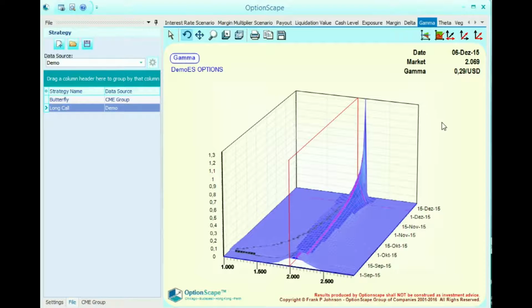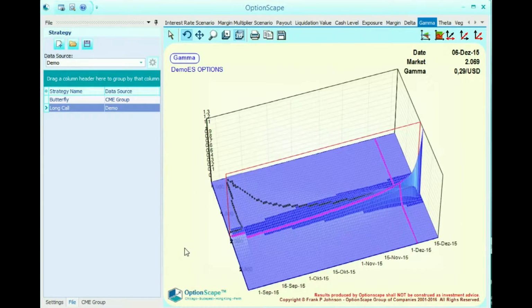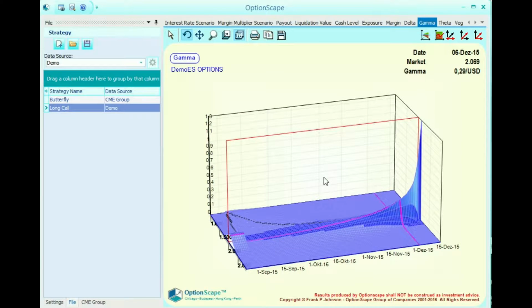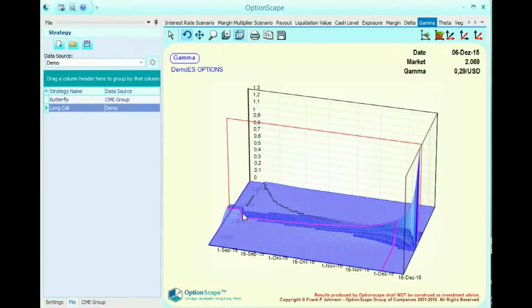Here we have the gamma. Also the gamma looks at the beginning more or less normal, but then when the volatility rises, the Gaussian bell widens and brings down the gamma near to 0 or to 0, because per unit with this high range of possible prices, the gamma has to be very small because the delta change is so small.